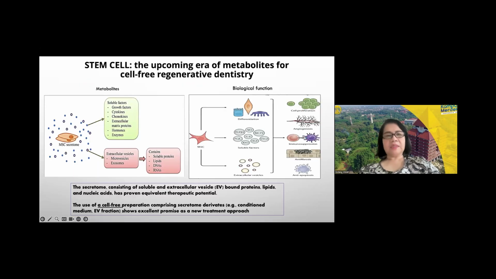After we harvest this soluble material or biomaterial or molecule, we can utilize it to induce the cell for proliferation, angiogenesis, or to prevent the overproduction of immunoinflammatory factors.